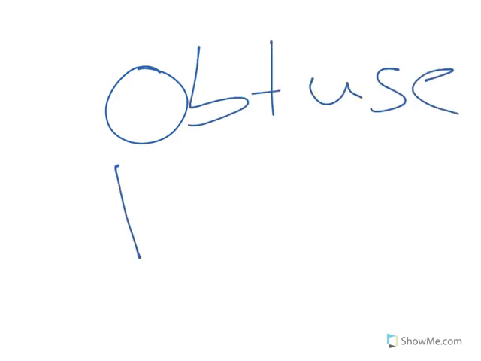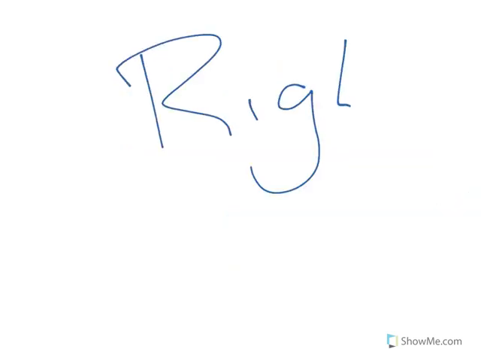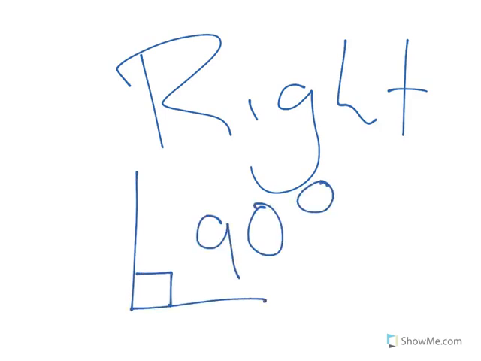If I have an obtuse, it is larger than 90 degrees. And a right, so here's a right, and we can put a little square in there, it is exactly 90. That's what you've got to know as well. So, as long as you understand those basic concepts, you should be good.